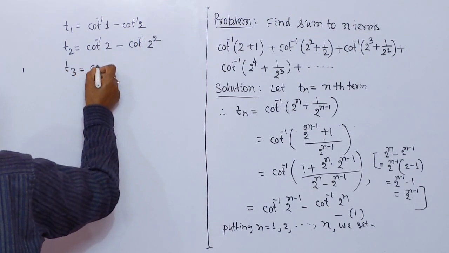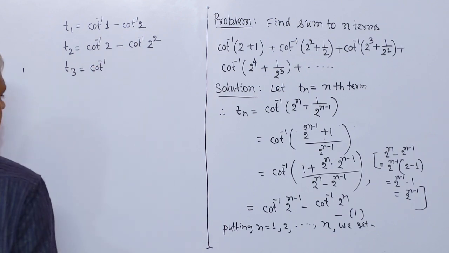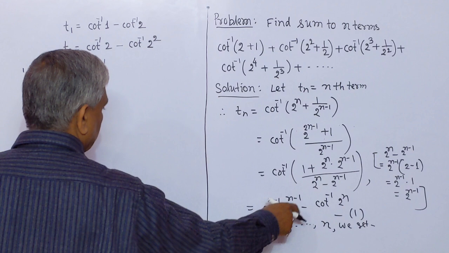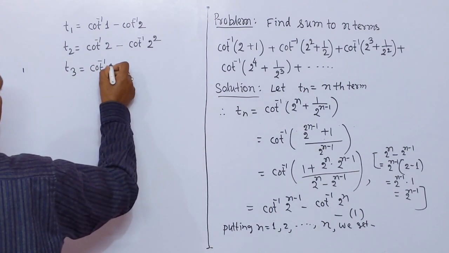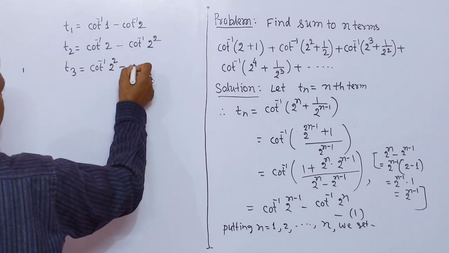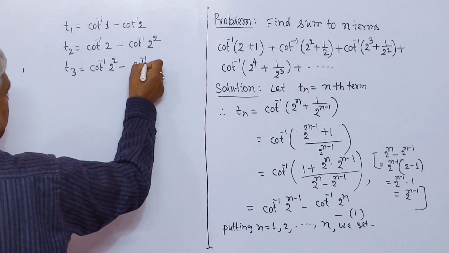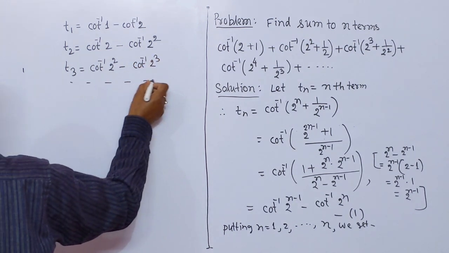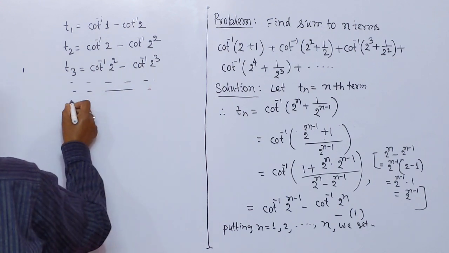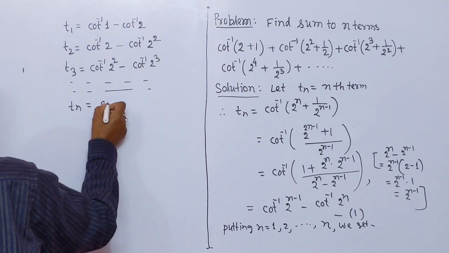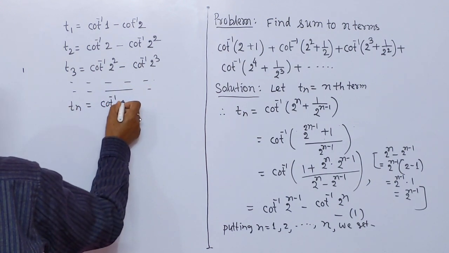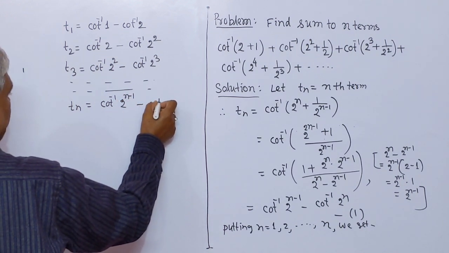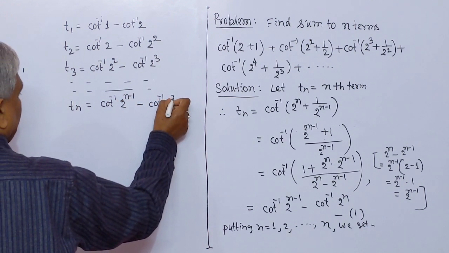T3 equal to cot inverse n equal to 3, 3 minus 1, 2, 2 square minus cot inverse 2 cube and dot dot dot. Tn equal to cot inverse 2 to the power n minus 1 minus cot inverse 2 to the power n.